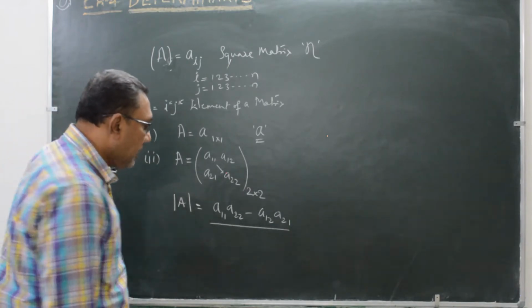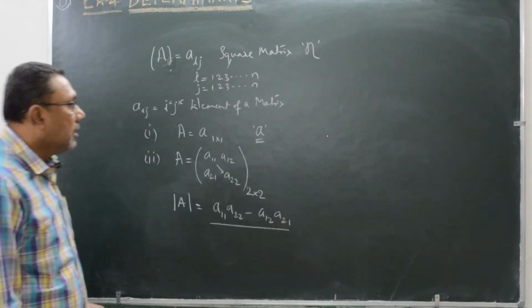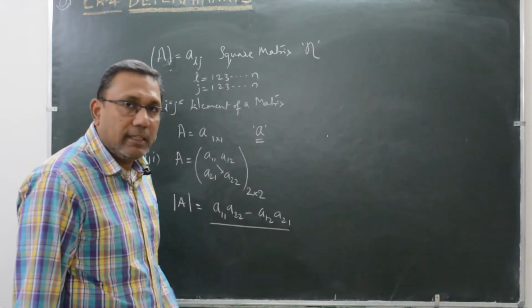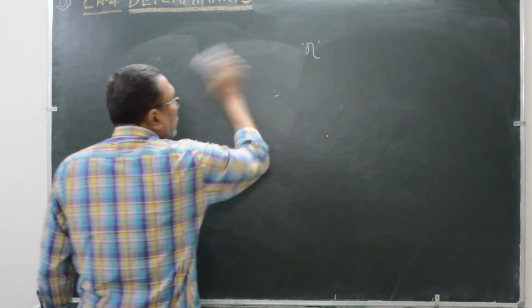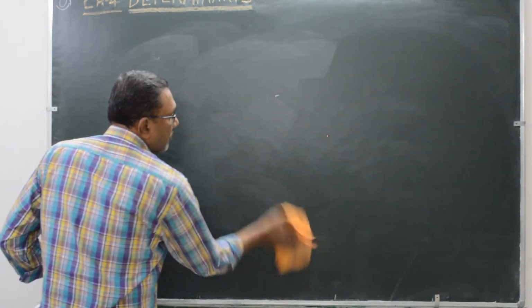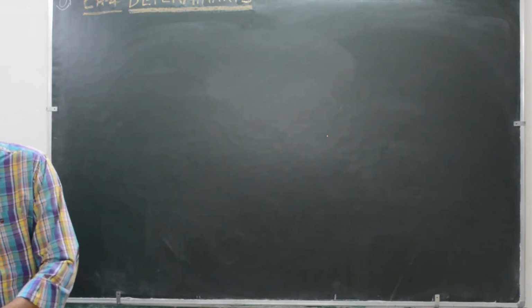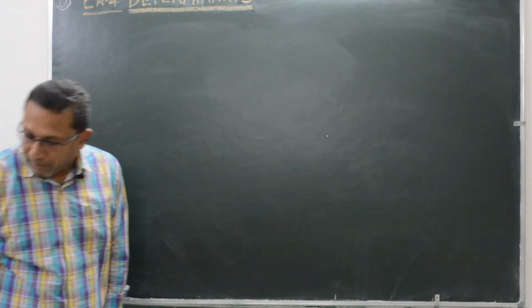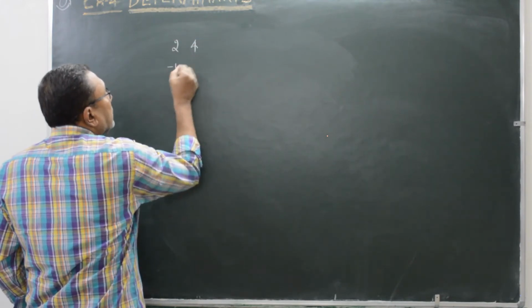Let us take a few examples to understand how we calculate the determinant value of a matrix. Evaluate the determinant of the matrix 2, 4, minus 1, 2.